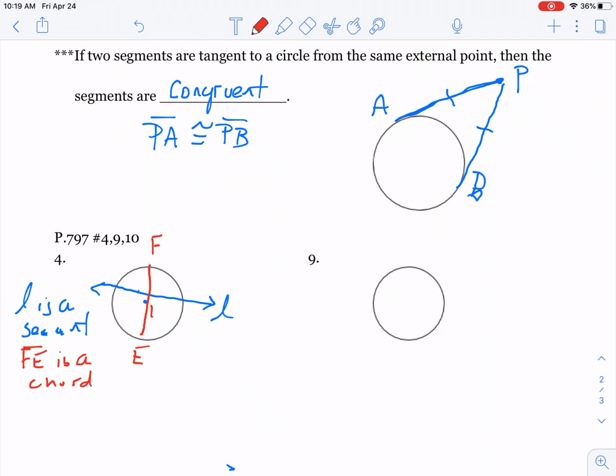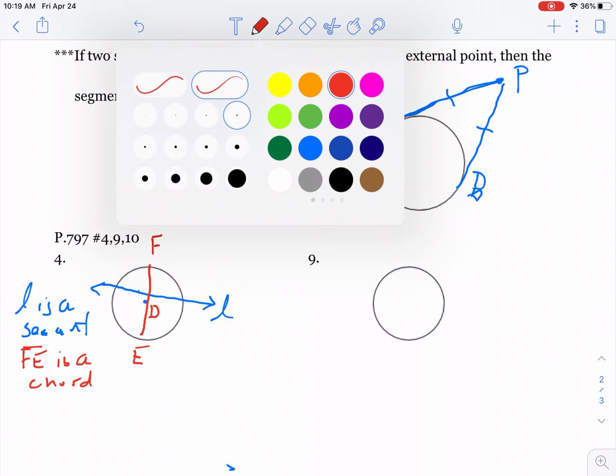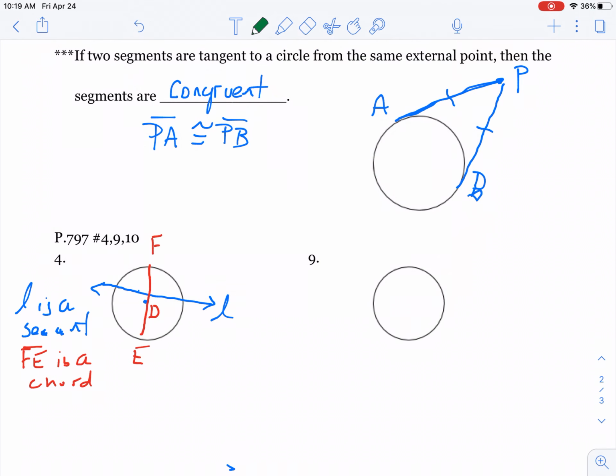Okay, and this is center D here. And then lastly, if we've got a line out here, they've got line M out here that intersects it in one point. So line M is a tangent. So it's just defining what those different segments and lines are in the problem.